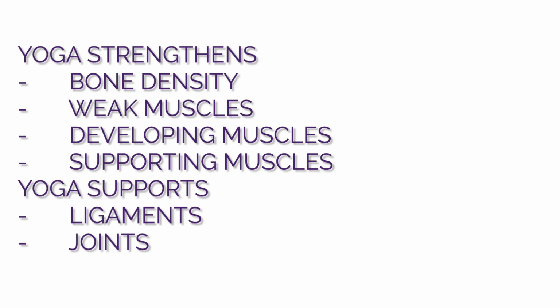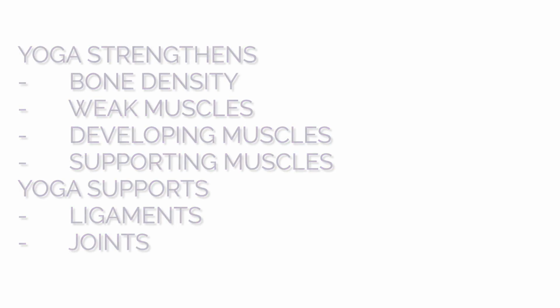So let's look at the benefits of yoga on the musculoskeletal system. Yoga strengthens bone density, weak muscles, developing muscles, supporting muscles. Yoga supports ligaments and joints. Yoga has a positive effect on the growth of child bone density.